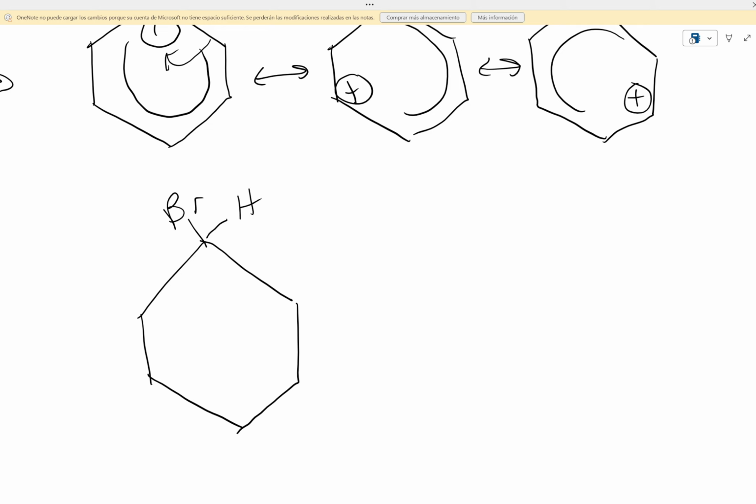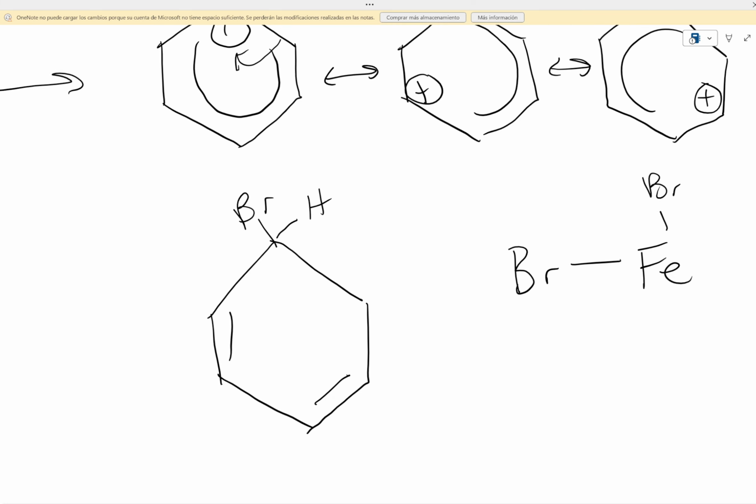Let's look at what's gonna be happening here. Let me fix up my bonds. Remember that the Friedel-Crafts catalyst still exists within solution.